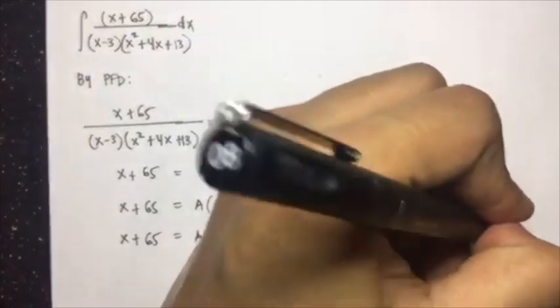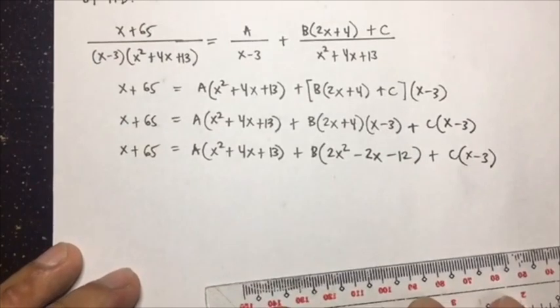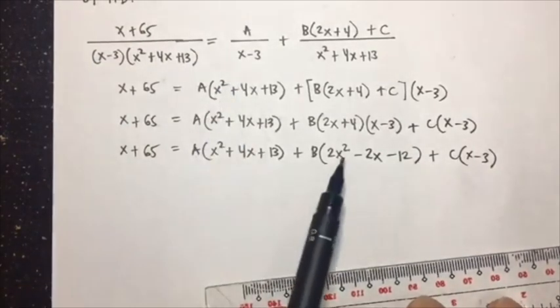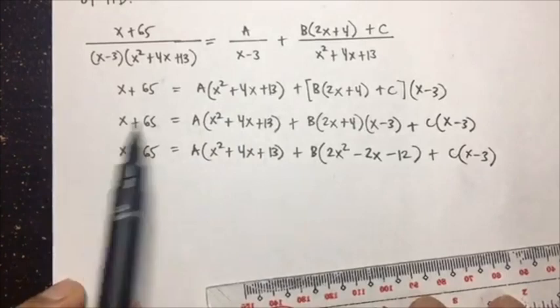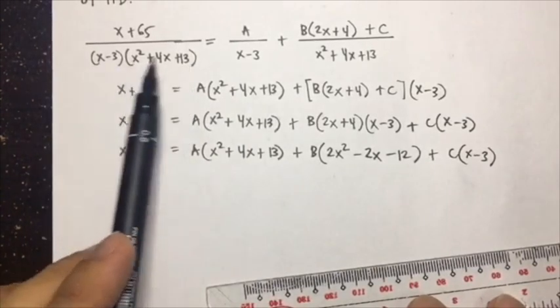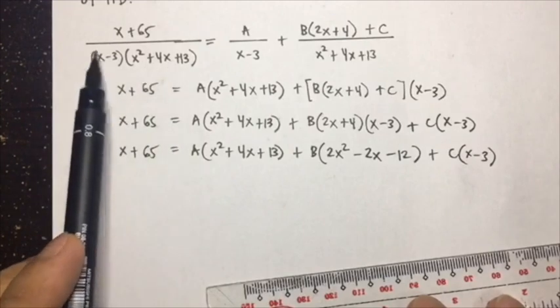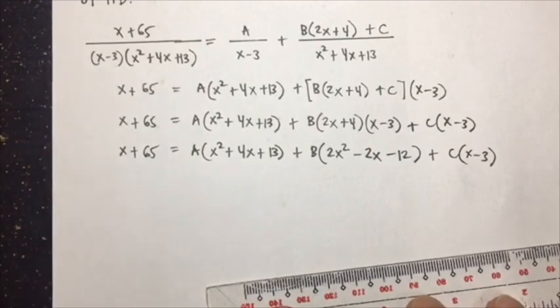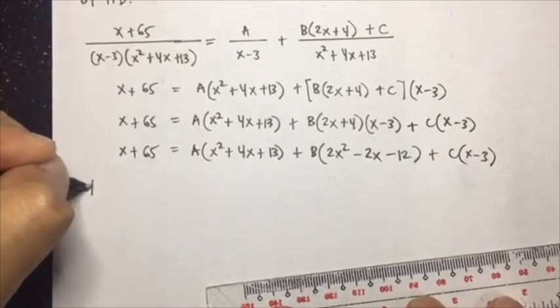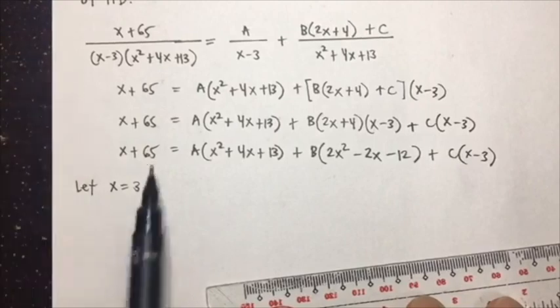Plus c times x minus 3. To solve for a, b, and c, we can substitute a value for x. As we can see, it will become 0 if we substitute x equal to positive 3. So let x equal 3.